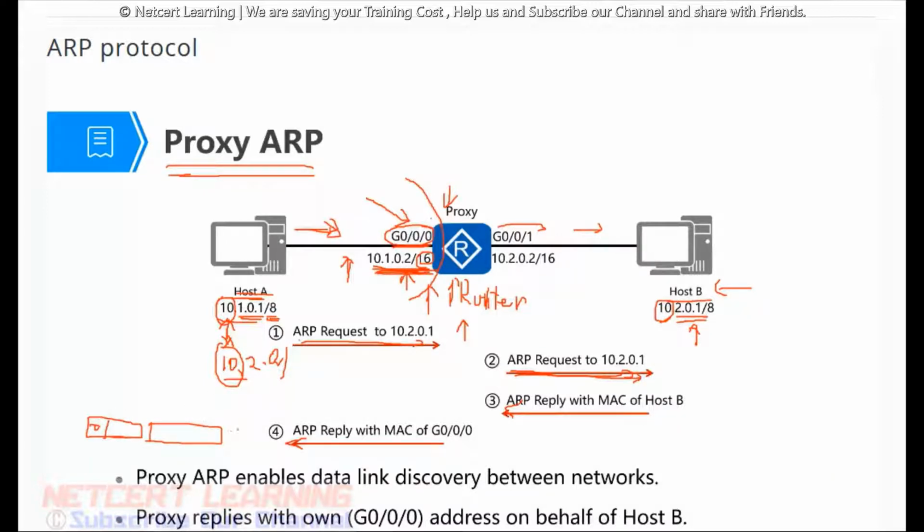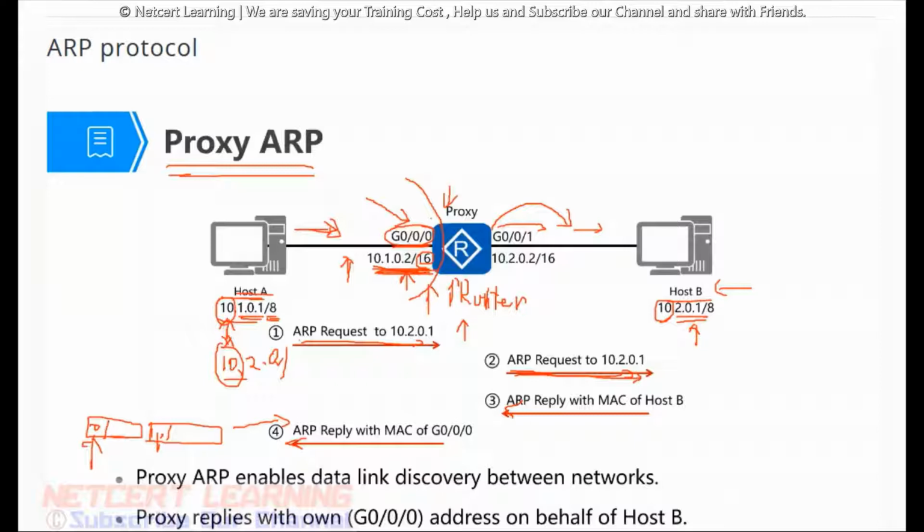Then this packet is sent to the network, and the router will receive it because the destination is the router's. The router receives it and sees the destination IP address. This IP address is host B's, so the router will route this packet to host B. Okay, this is the proxy ARP.